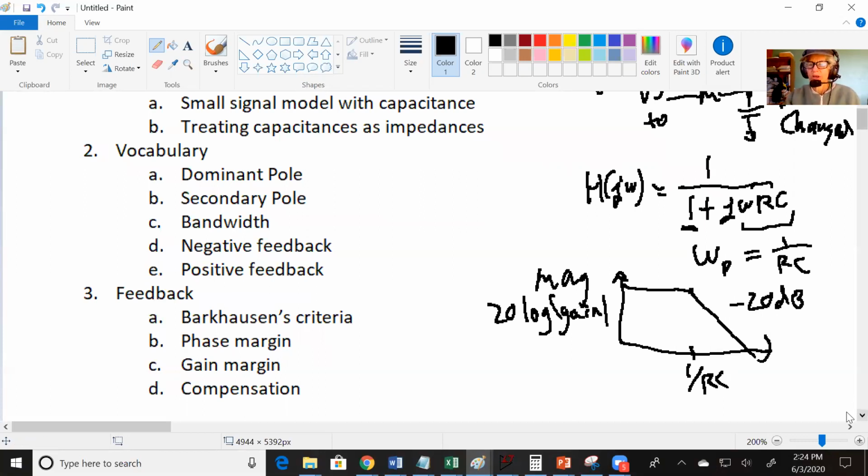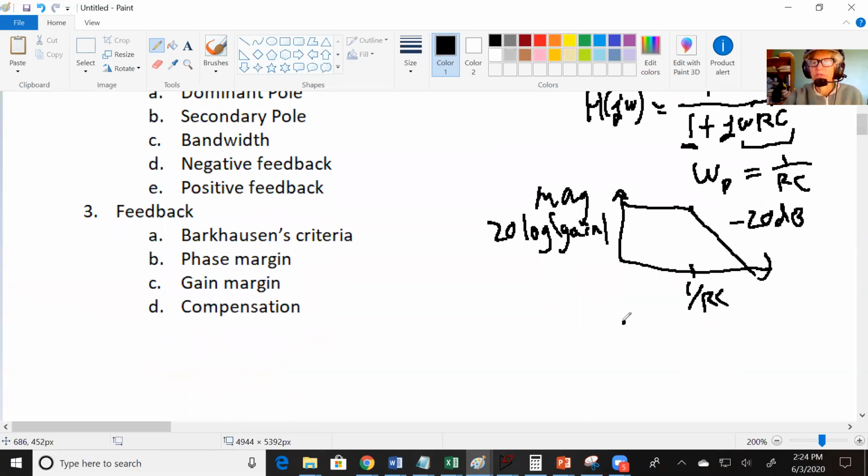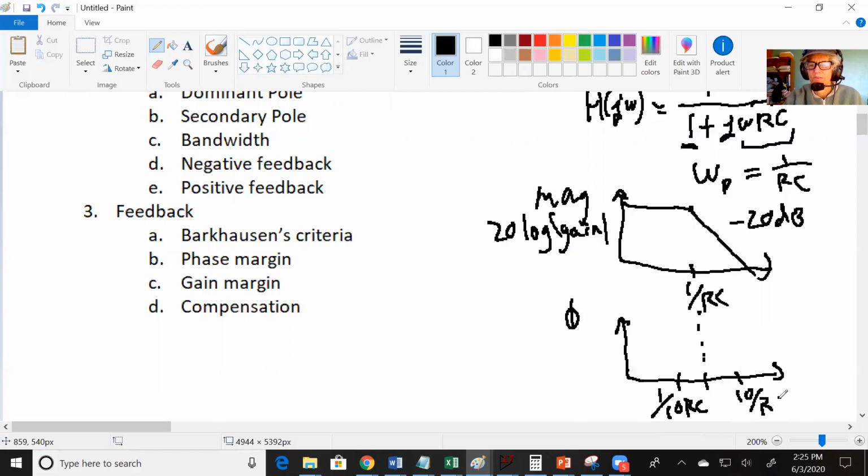Okay, and then for a pole, what happens to the phase? It's a 90 degree phase shift over 2 decades, and it starts a decade before and ends a decade after, and then you've got minus 90 degrees. Okay, is that up to there? Is that good? Okay.